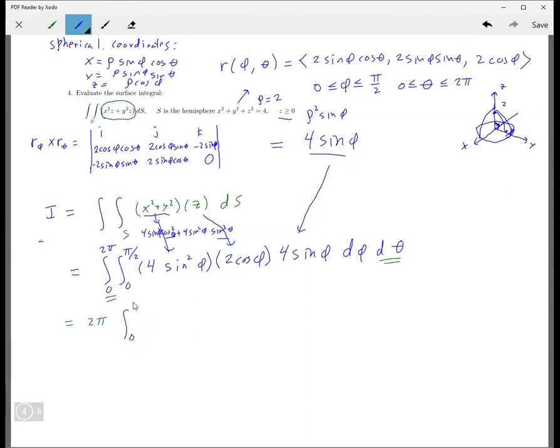Okay, then you have 0 to pi over 2. And you have 4, 2, and 4, so that's 32. And then you have sine cubed of phi cosine phi d phi.